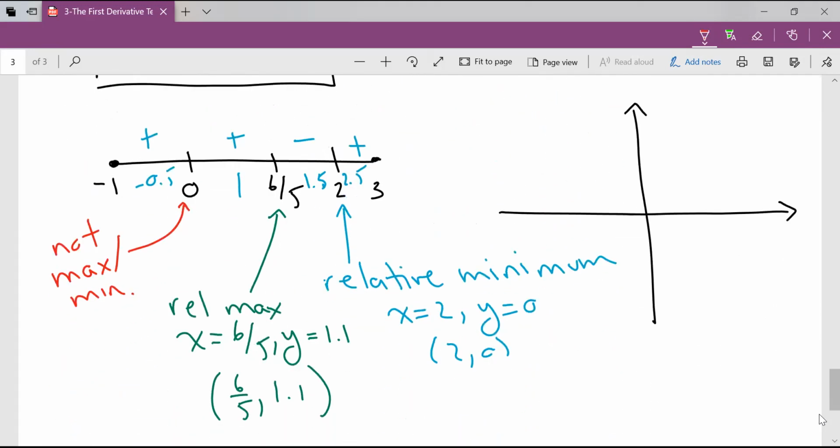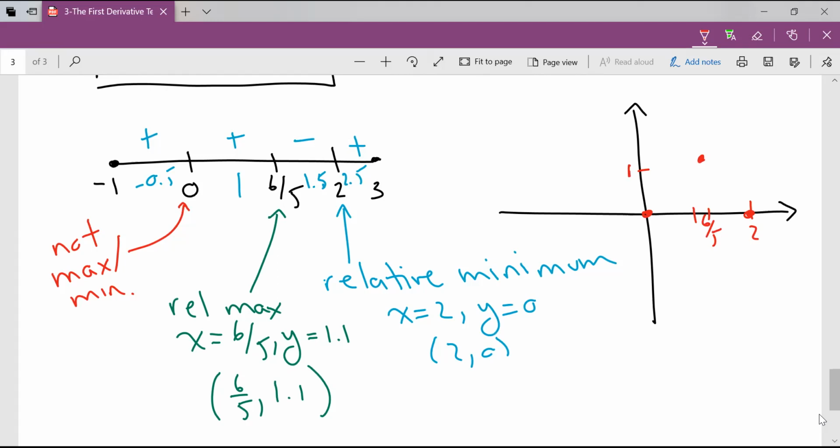So I have an x-intercept at 0. I have an x-intercept over here at 2. And now I don't quite know everything about this function, but I know I've got a relative max at 6 over 5 and 1.1. So let's label that right there. That's 6 over 5. And we'll call that 1 right there. So it's just a little above 1. And we've got a relative min, which happens to be at our 0.